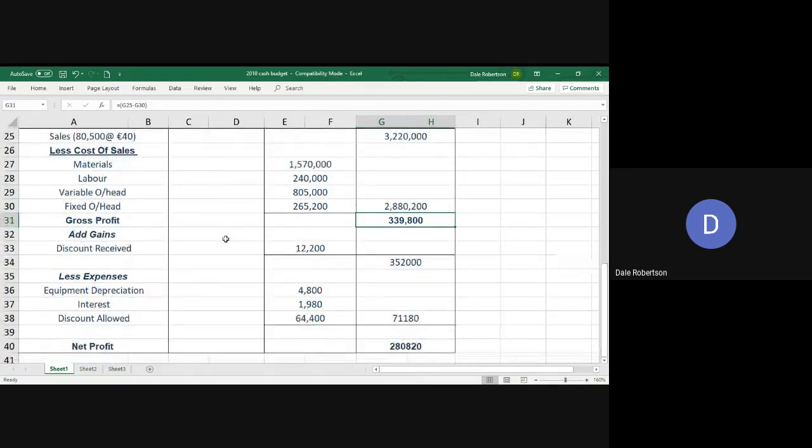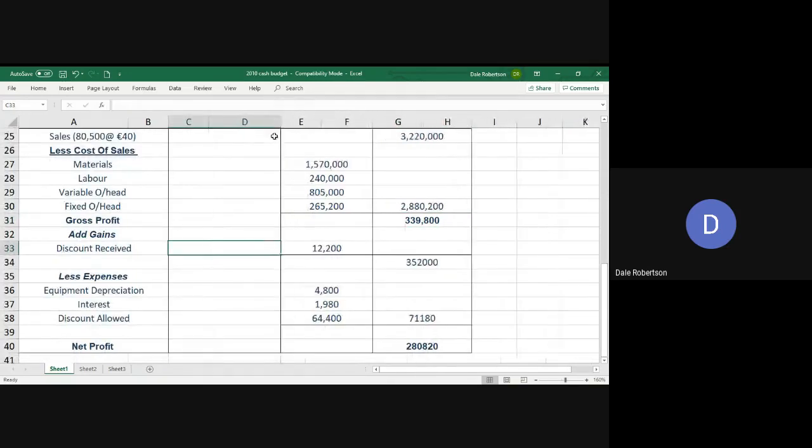The discount received is actually probably the trickiest part of this whole question. Discount received is the discount that we have received on things that we have bought. Now you need to refer back to your question to remember that we received 2% discount on half of all our purchases when we paid them 1 month after. Now, that is important because our total purchases are 1570 from the question.